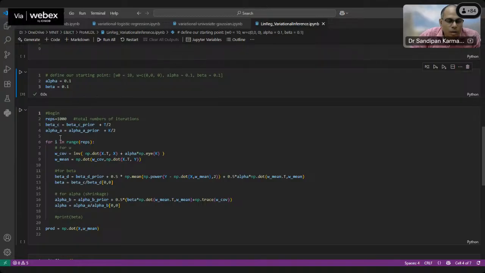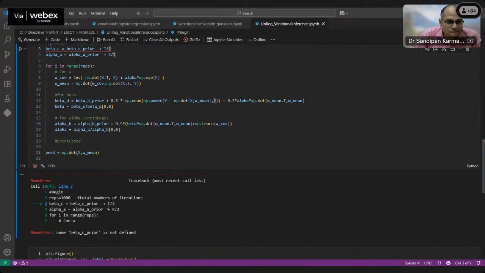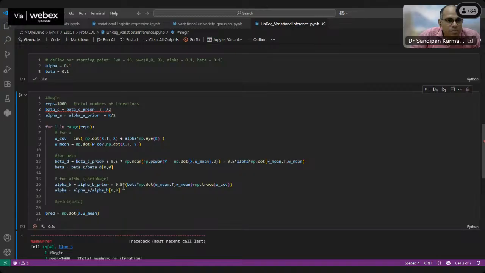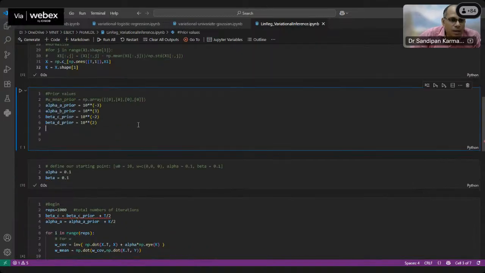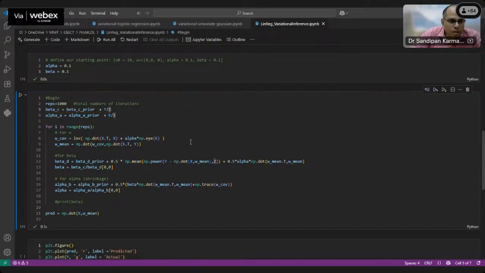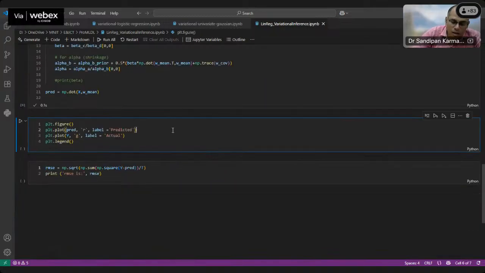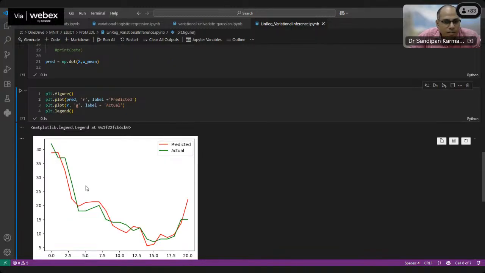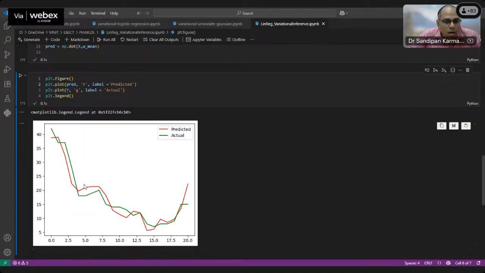So the beta value and alpha value. Beta C prior is not defined. Beta C prior, what's up? Here we go, run. Yes, it is done. And here we are getting this kind of plot, the predicted versus the actual.